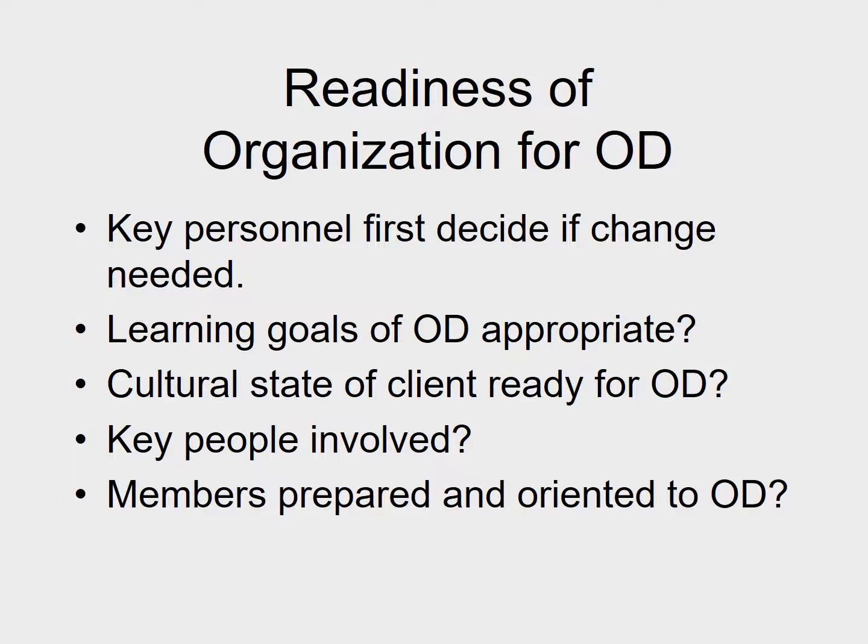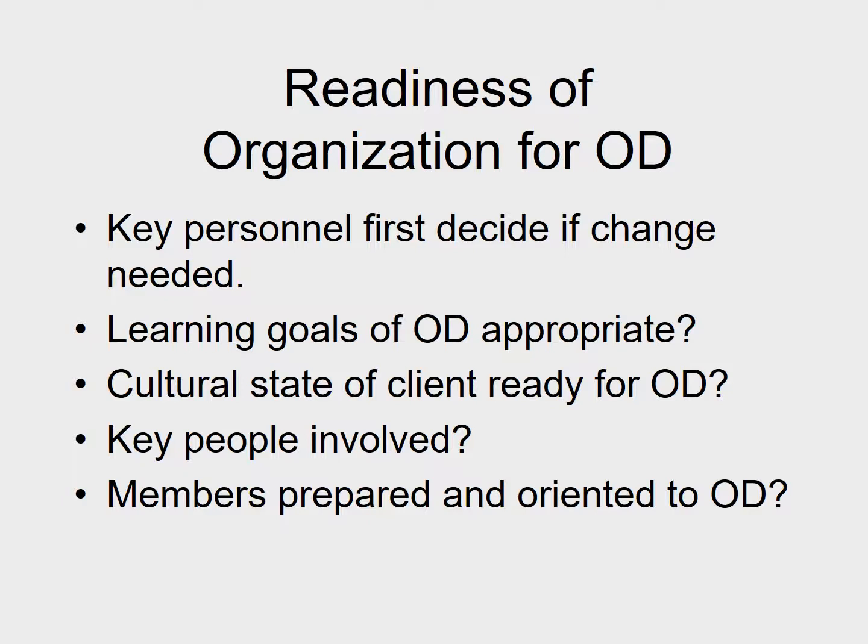This is really just a quick checklist for either an internal or external practitioner, once we've moved past stage one. We basically have an organization that is ready for change, or at least acknowledges a need for change. This is more of the, okay, let's actually delineate who the key personnel are that are driving this change. What are the learning goals of the OD?